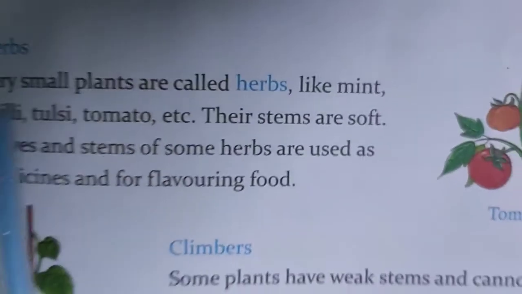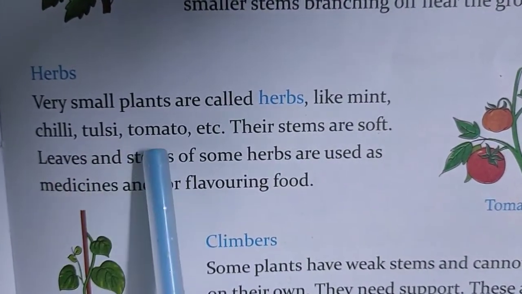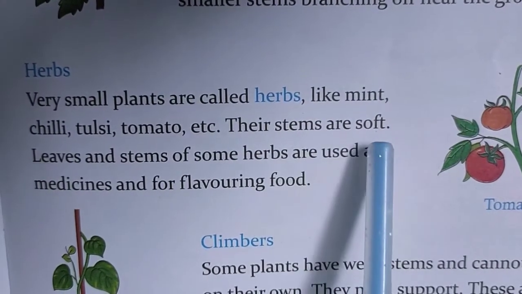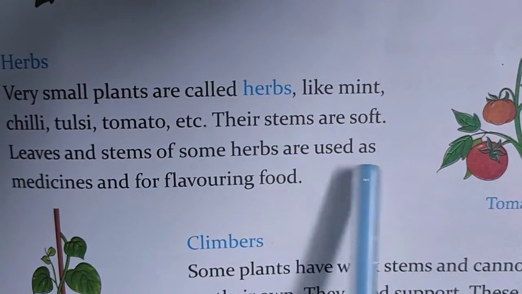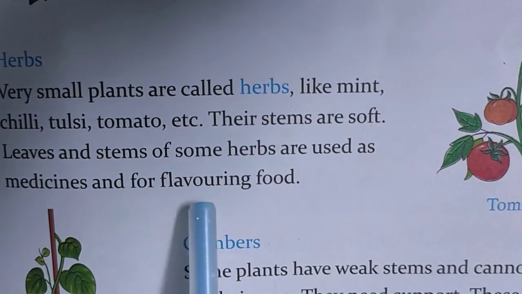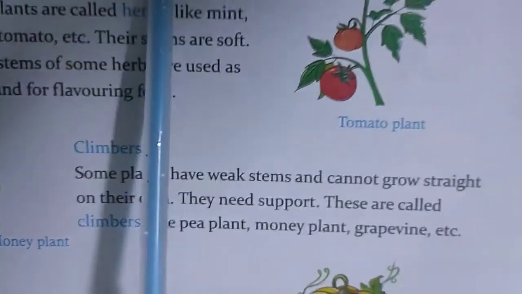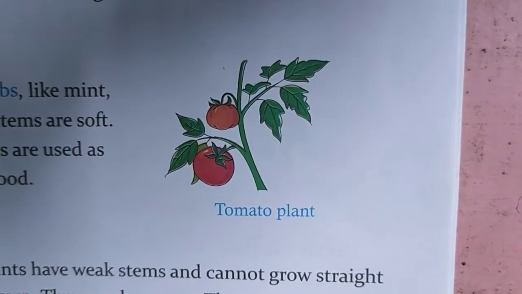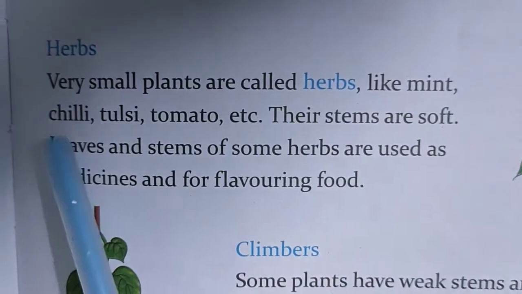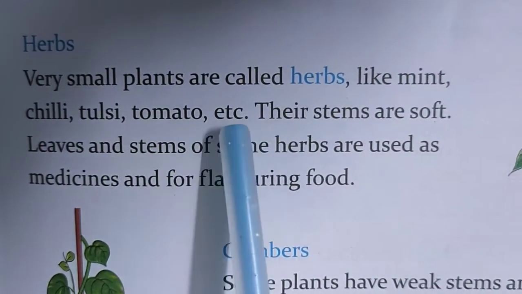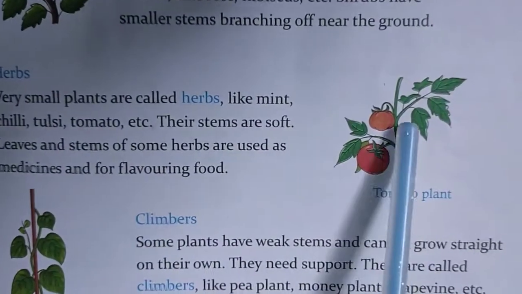Then herbs. Very small plants are called herbs, like mint, chili, tulsi, tomato, etc. Their stems are soft. Leaves and stems of some herbs are used as medicines and for flavoring food. So first trees, then shrubs, then herbs. See, tomato stem.